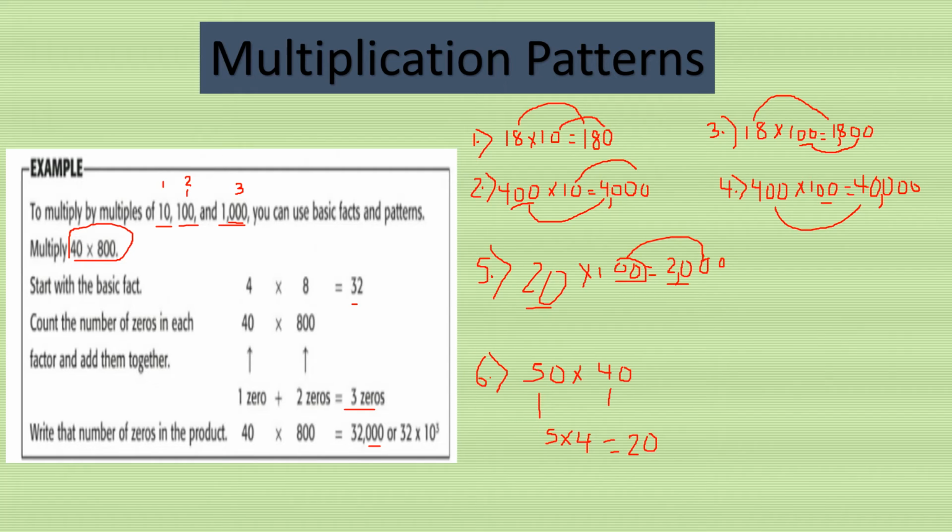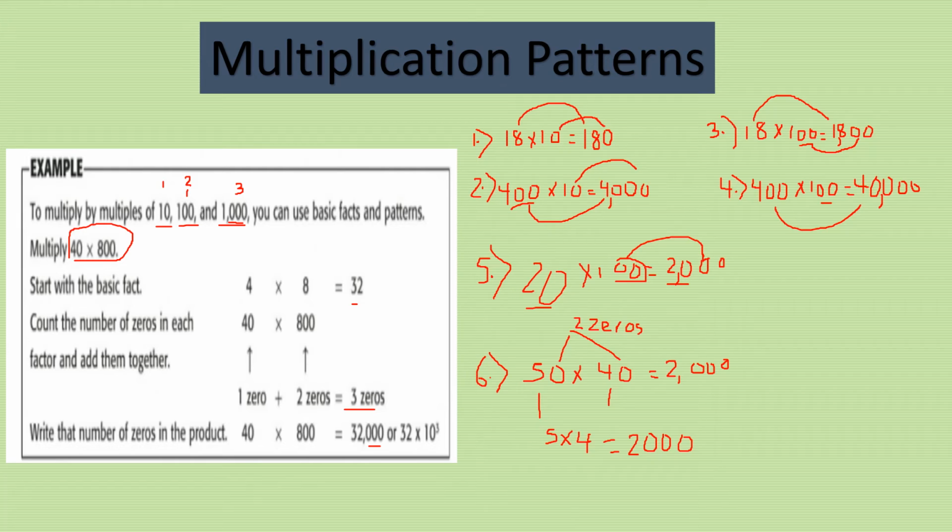And then I know that I have 1, 2 zeros. So those 2 zeros, I'm going to say it's 1, 2. So 50 times 40 is supposed to give me 2000. And if you check it in your calculator, yes, it is 2000. So easy as that, right? So we can use the idea of the zeros here.